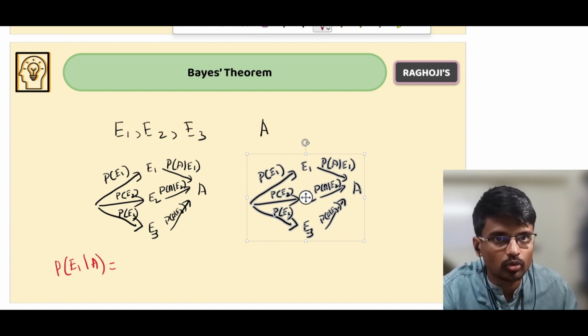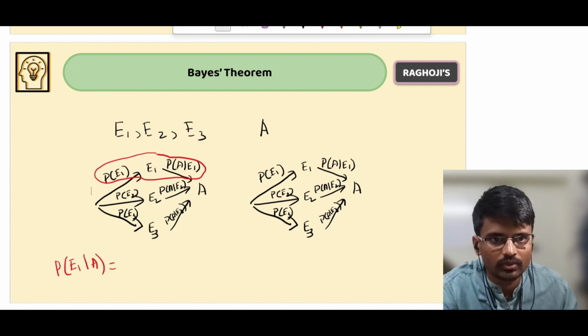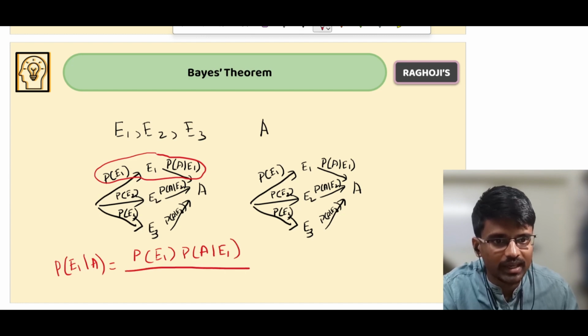So in the formula, you have two parts. One is the numerator and the other one is the denominator. So first, the numerator will be this part. Okay. So you just need to multiply this. This is the beautiful part of this method. P of E1, P of A when E1 has occurred, divided by, in the denominator, again, it is easy.